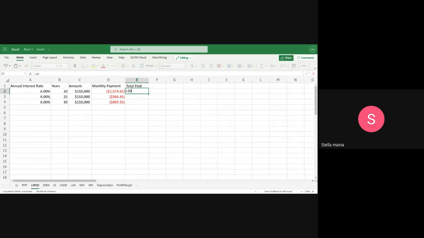So that is B4 times 12 times D2. I've confused that too. This should be B2. Okay, so just increase the width.